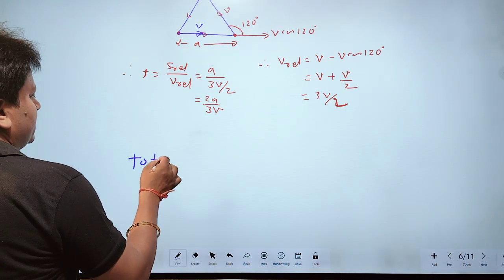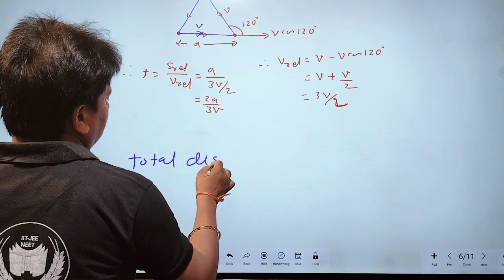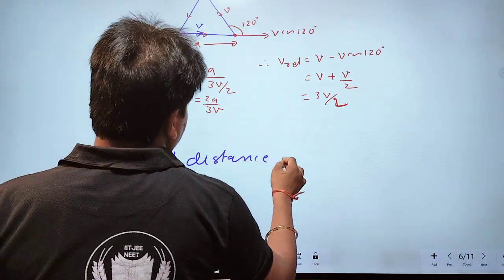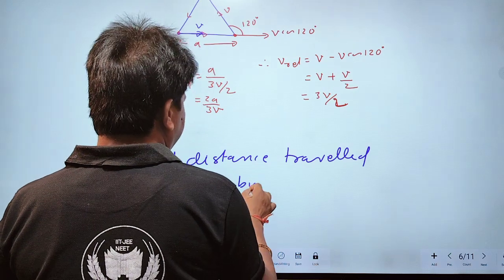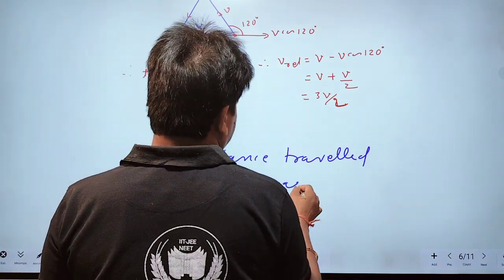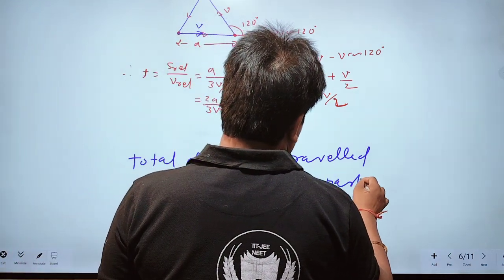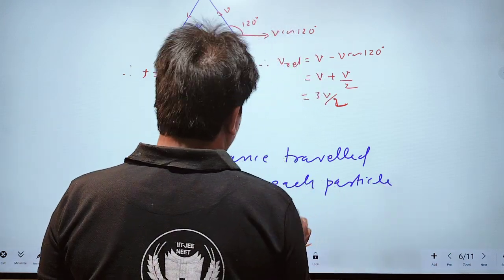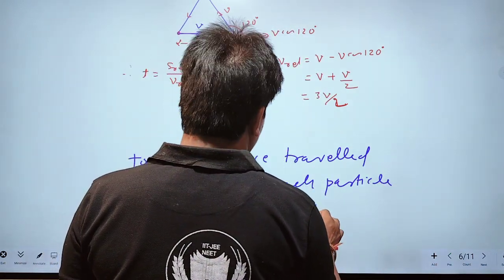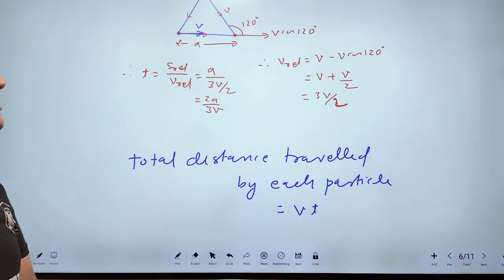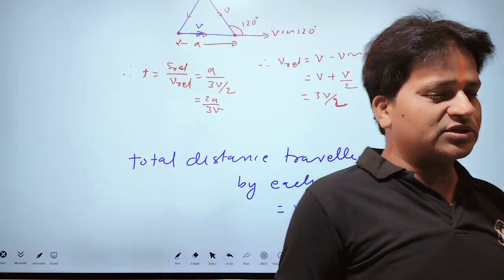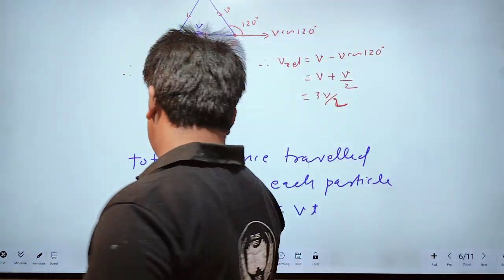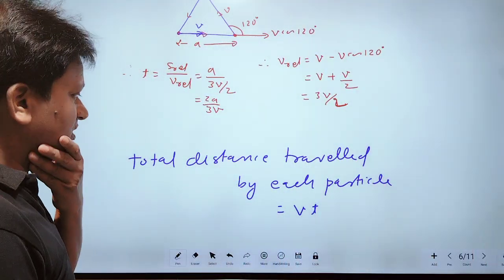The total distance traveled by each particle will be V into T, because each particle is moving with velocity V for time T. Therefore the distance traveled will be Vt.